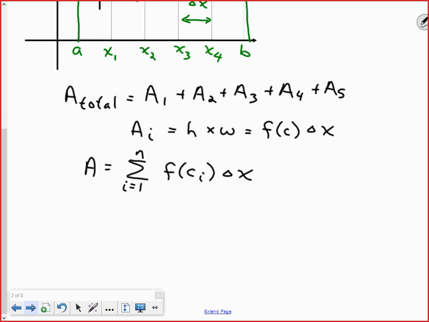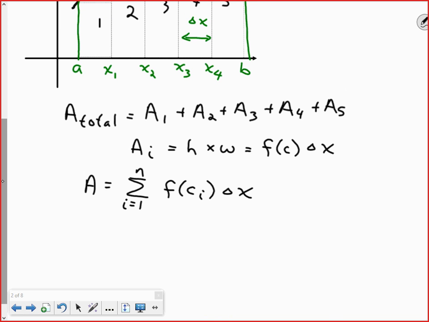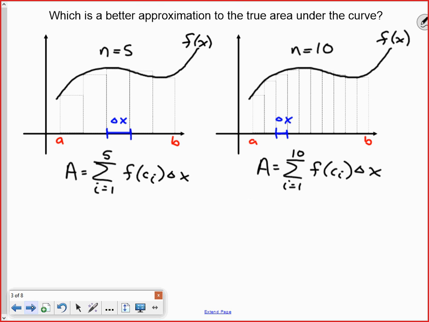Now, let us take an example of this and see if we can make it a little bit better. Here I have that same function partitioned into two separate Riemann sums. On the left, I have one for n equals 5. The area is approximately the sum from 1 to 5 of f of c_i delta x.